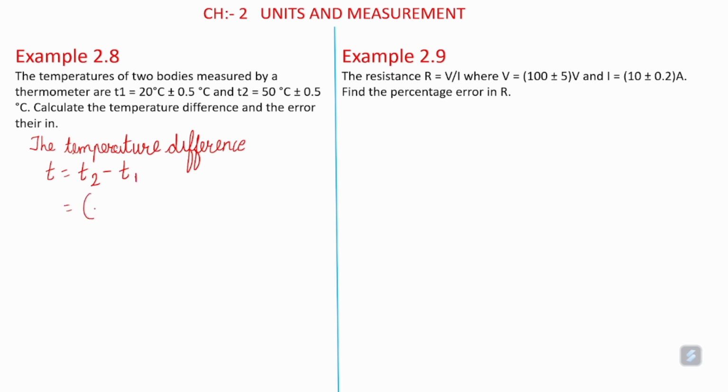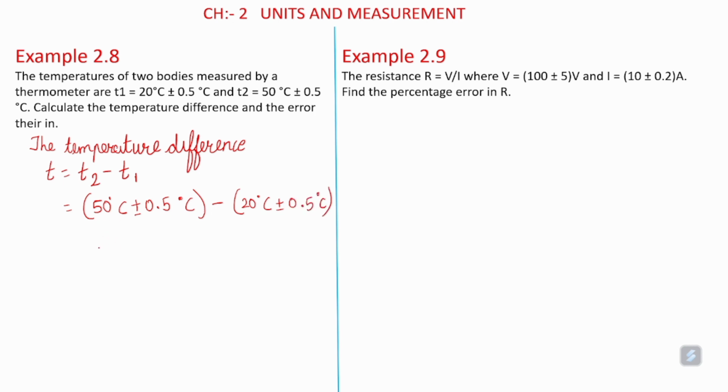Temperature difference T is equal to T2 minus T1, right? So here our T2 is 50 degrees Celsius plus or minus 0.5 degrees Celsius, minus our T1, 20 degrees Celsius plus or minus 0.5 degrees Celsius.